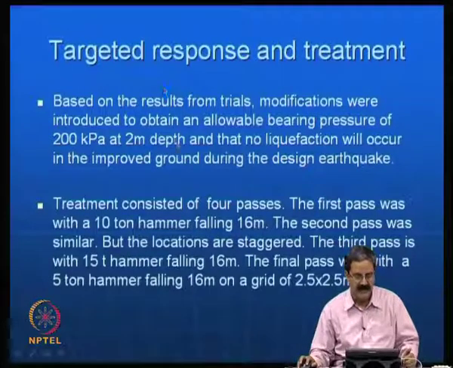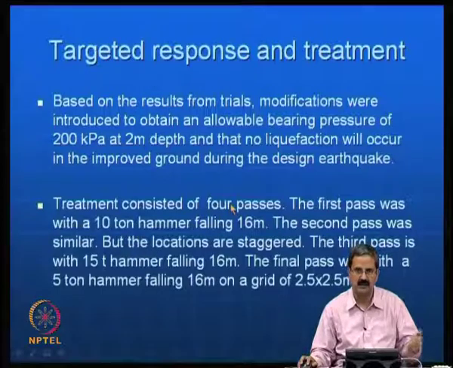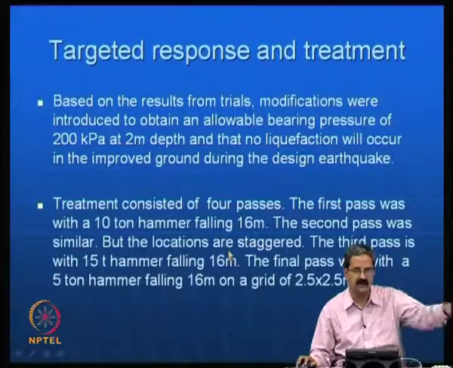In this case, once they figured out the requirements at the particular site, they went ahead with the treatment, and it is very interesting that they had 4 passes. It is not the number of tampings. The first pass was with a 10-ton hammer falling 16 meters. The second pass was similar, but the locations were staggered a little bit.